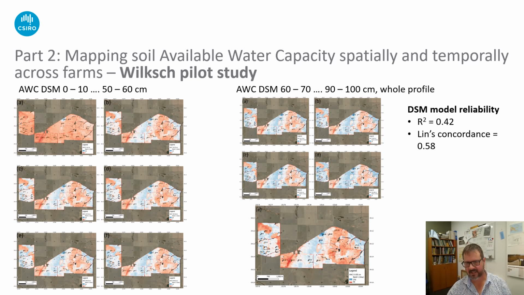Model reliability is pretty strong, with an R-square of 4.2 and a LINS of 5.8. So that's saying the model has done well, but that doesn't necessarily mean reality. The prediction has been done well.